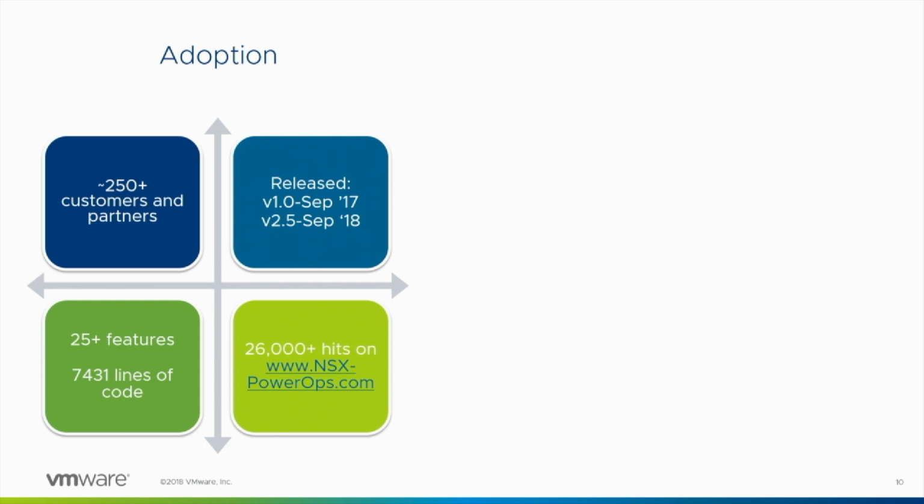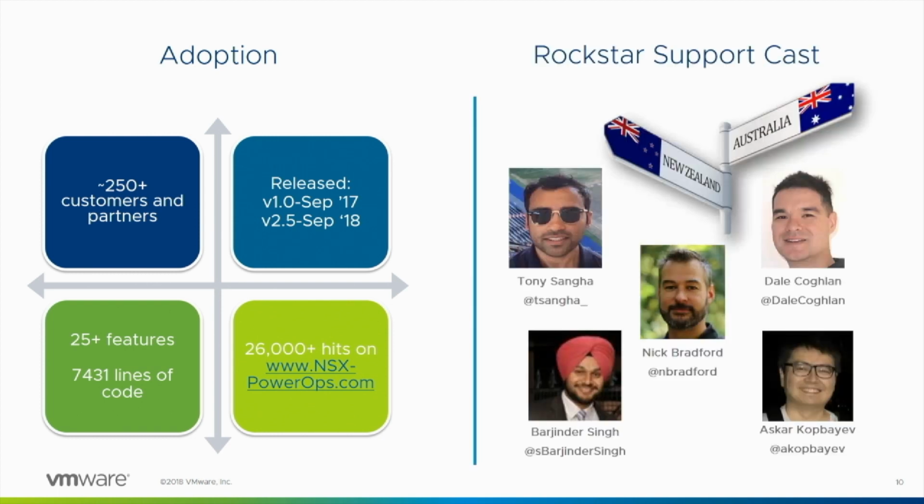Around 7,400 lines of code. This is PowerShell code, so it means a lot. We also saw a lot of traction on our blog, NSX-PowerOps.com. Over 26,000 hits.